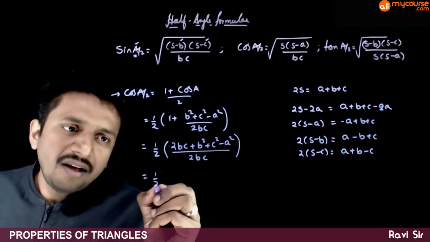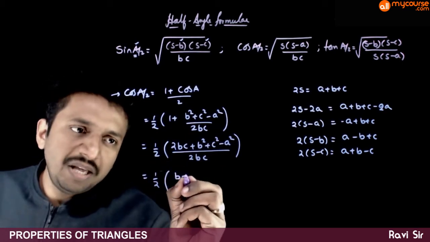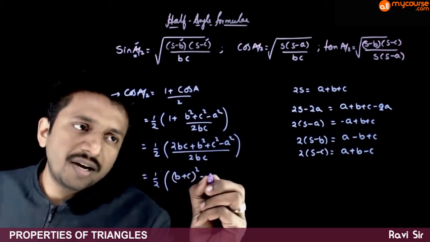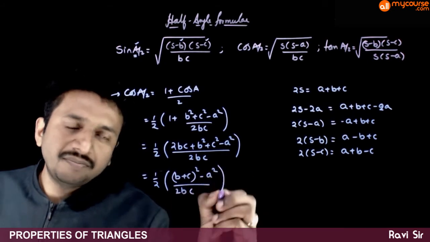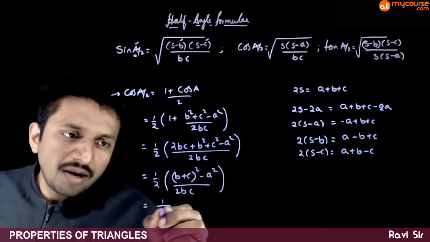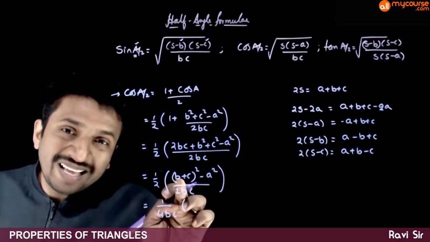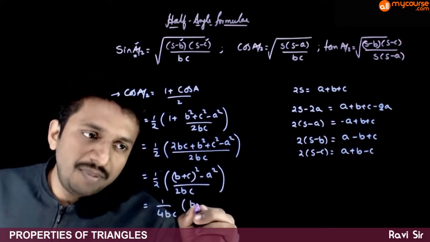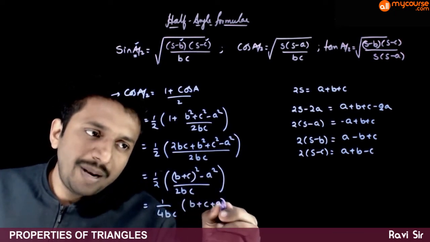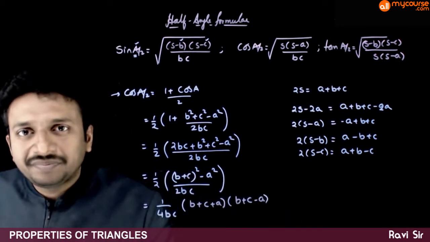That is equal to half times B square plus C square plus 2BC is B plus C whole square minus A square by 2BC. That is equal to 1 by 4BC times, this is also of the form A square minus B square. So A plus B into A minus B, B plus C plus A into B plus C minus A.